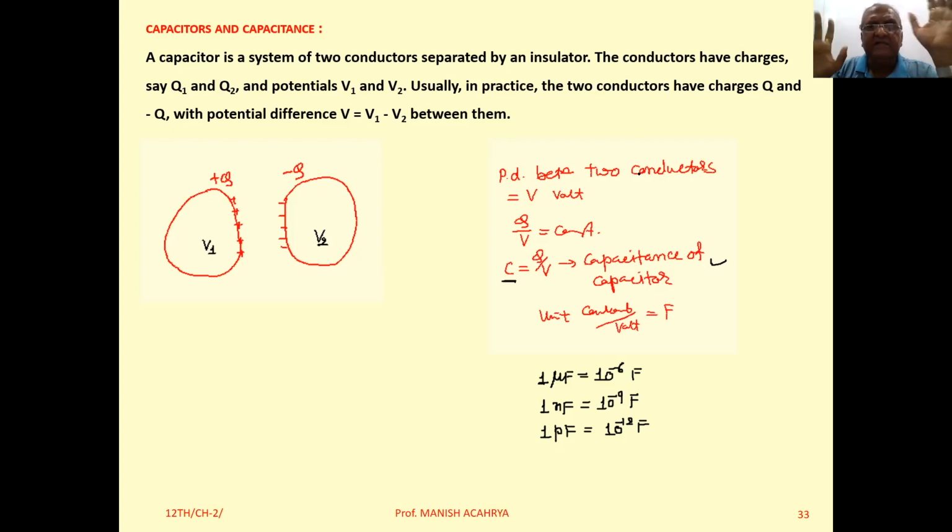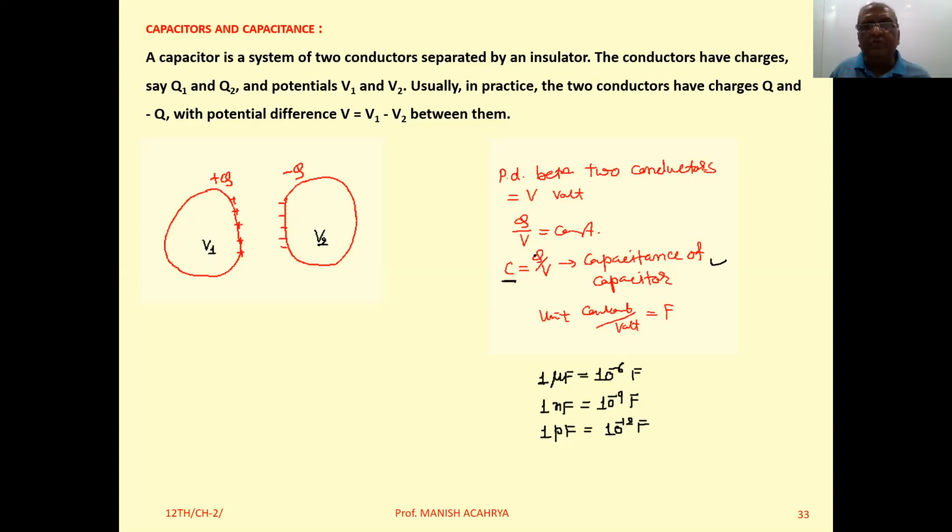But at any instant, if we take the ratio of charge on the capacitor to the potential difference between two plates of the capacitor, then it always comes to a constant. And this constant is known as the capacitance of the capacitor, and it is denoted by capital C. So capacitance of the capacitor C is equal to Q by V.